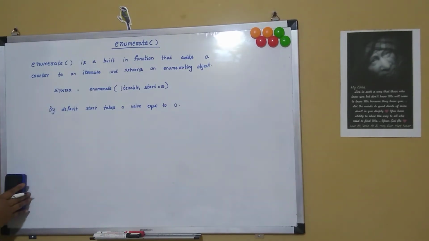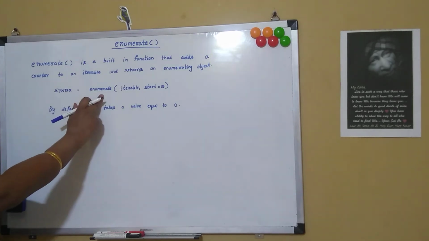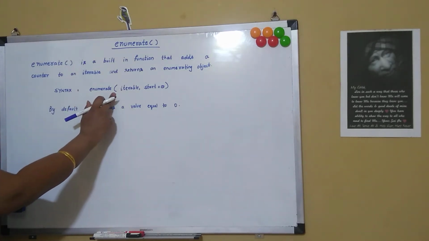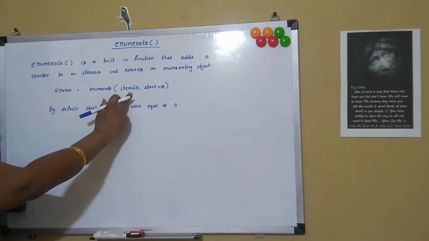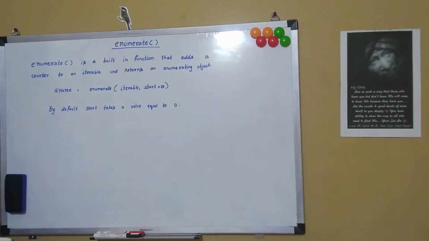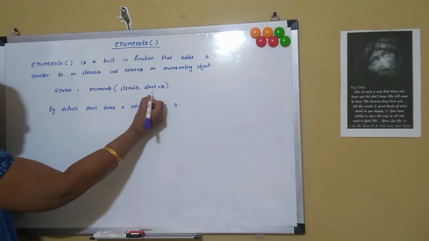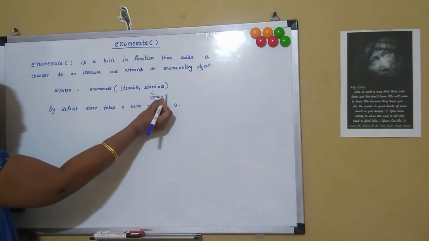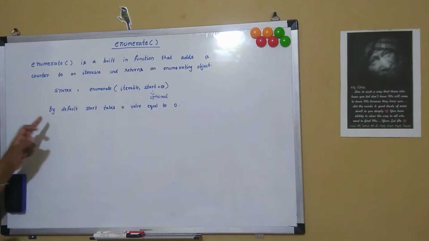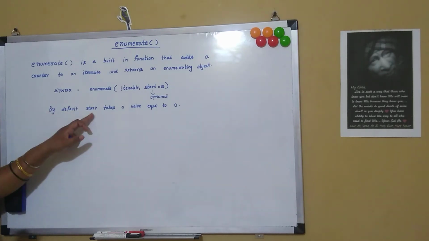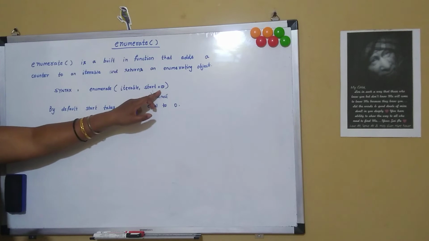And what is the syntax? The syntax for enumerate is enumerate, and within parentheses we provide the iterable and the start value. Start value is optional. It's not necessary that we provide this value. By default, start value takes a value equal to 0.